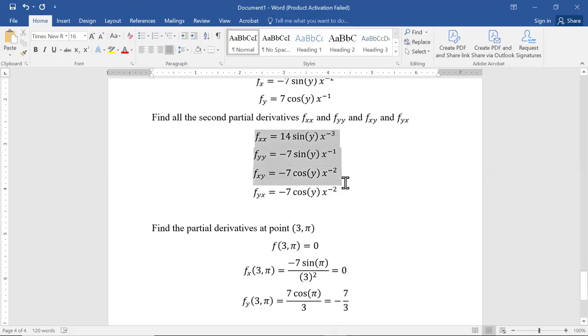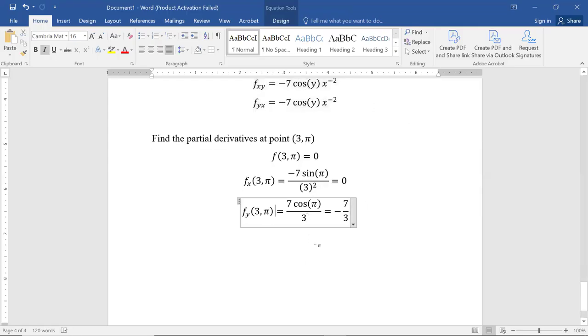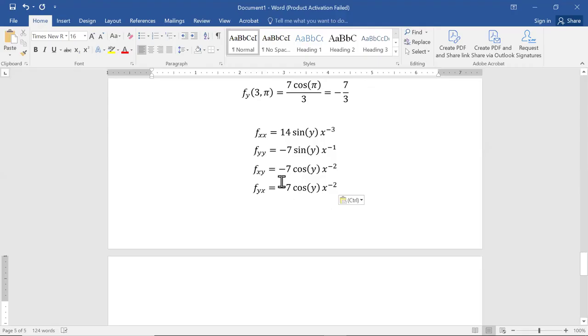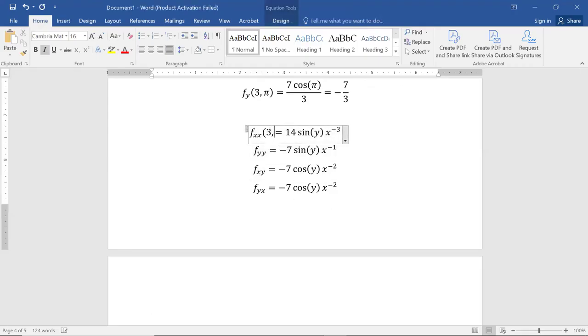Now, if you want to plug in 3 pi into all of those, we can just plug in 3 pi into each one, 3 pi into xx. Well, sine of pi, we've already established is 0.